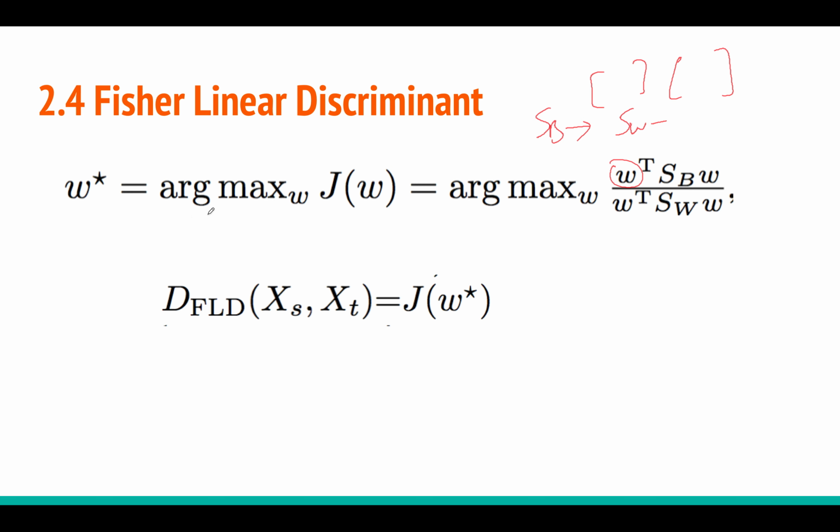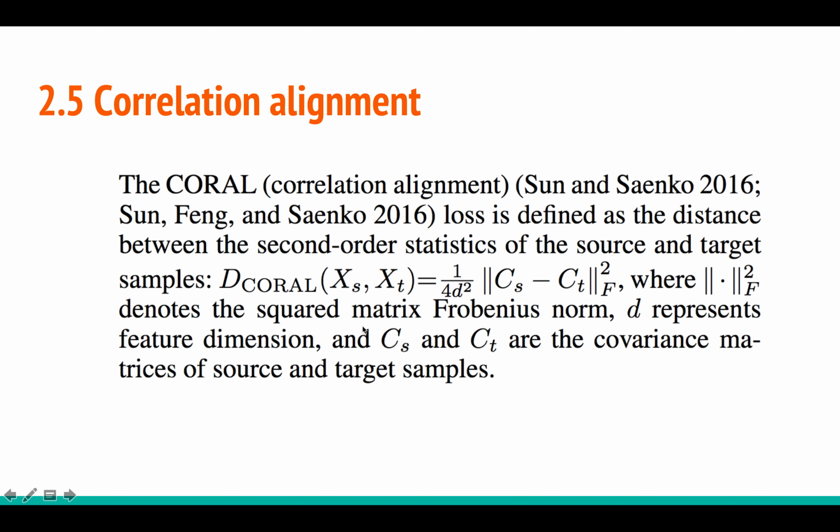So you want to find the argmax of this function, which is optimized to make the within class variance very small and the between class variance very large. You find the mapping W that does that, and then use that as the loss function for Fisher linear discriminant analysis. So the loss where you find this optimal W star is my distance.